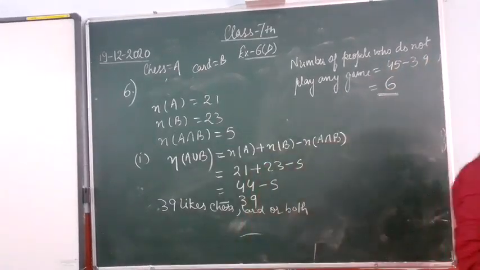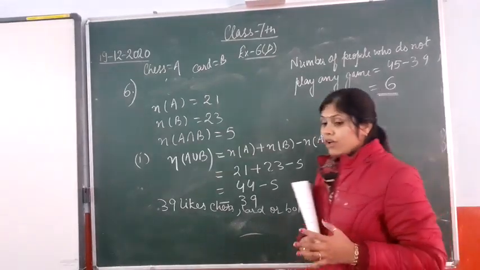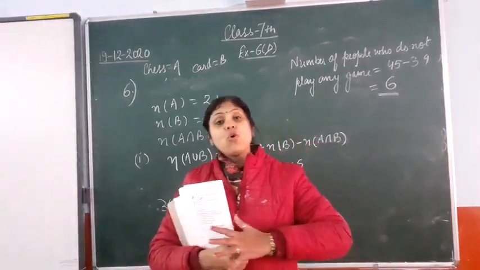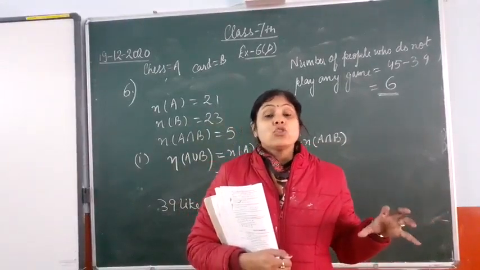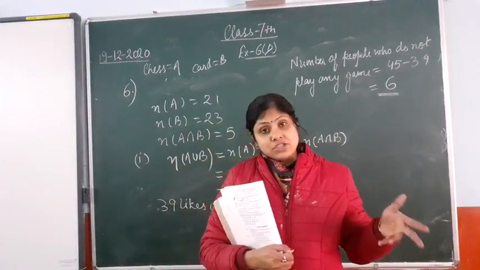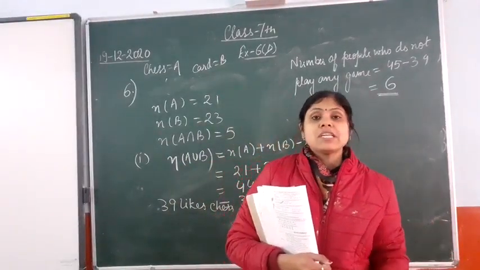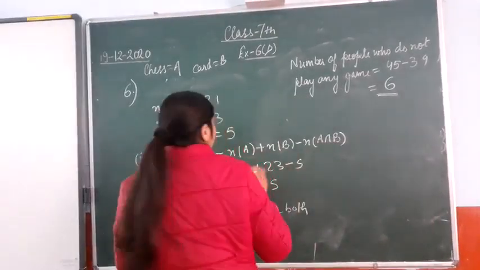Why am I not writing n(A union B) equals 45? Because that is the total strength that is given. It is not given that those who like both, or like chess and cards. If this statement were given, then it is A union B. Okay. So the first part is done.